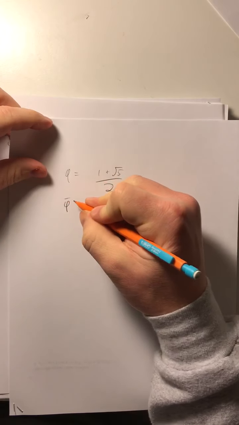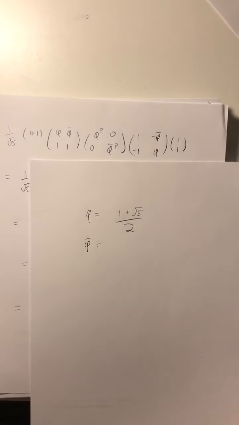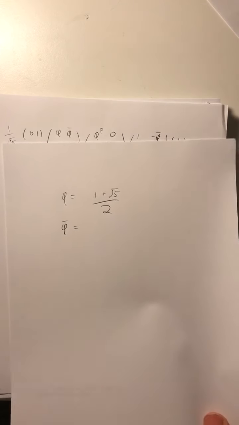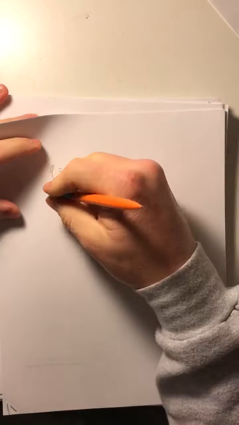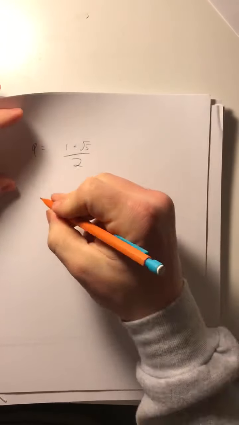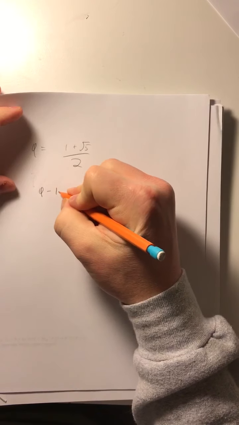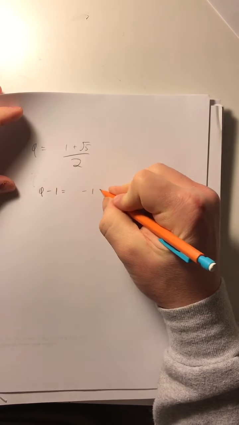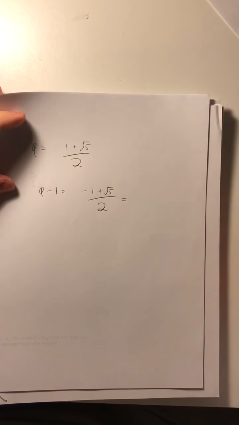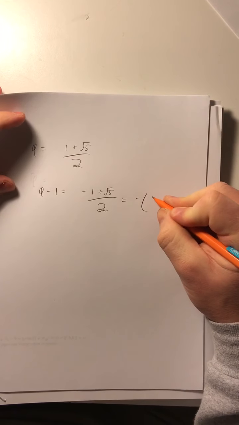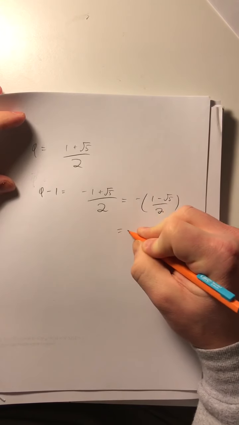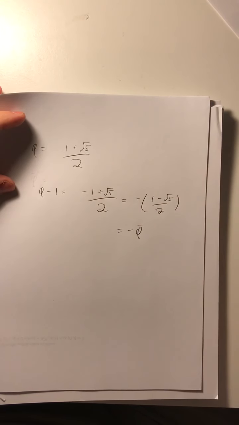So phi minus 1 equals negative 1 plus square root of 5 over 2, which is negative 1 times 1 minus square root of 5 over 2, which is negative phi bar.